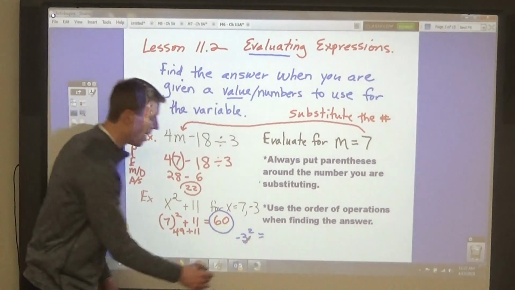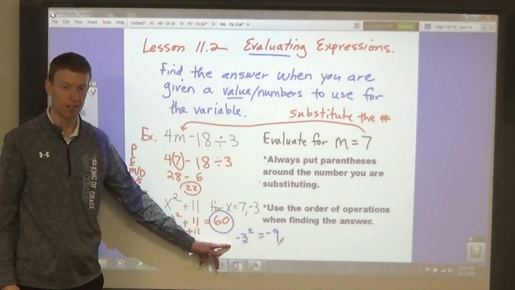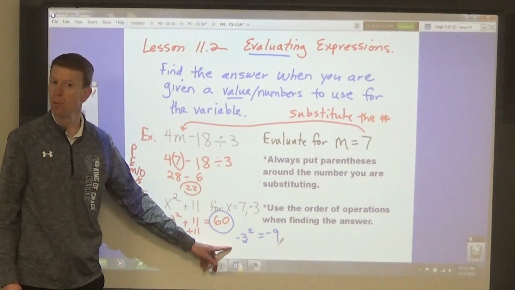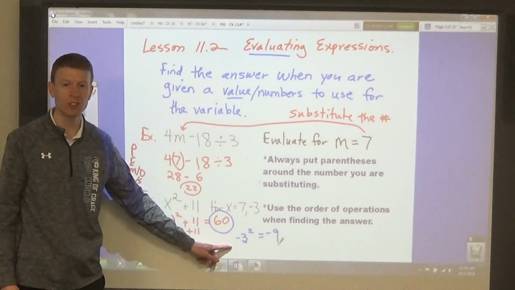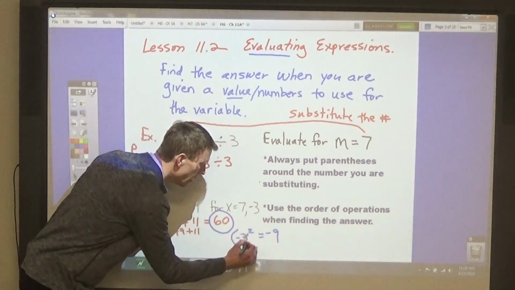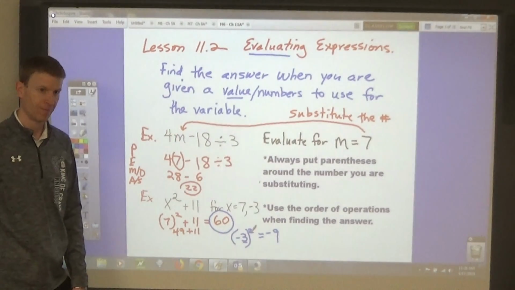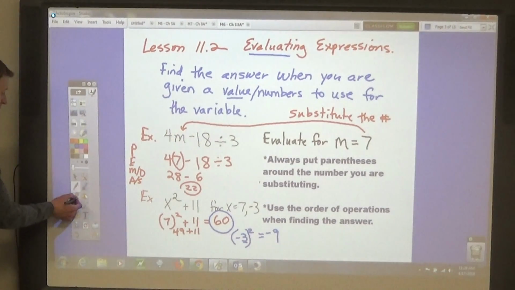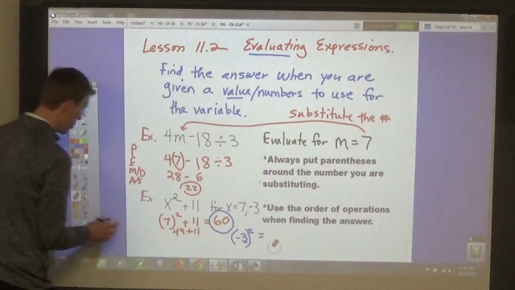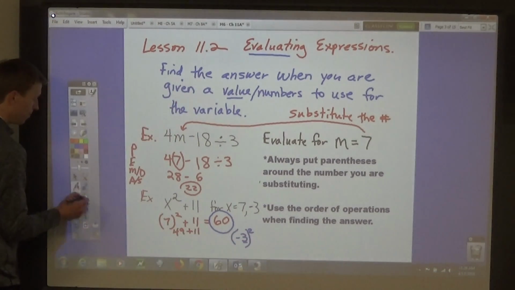Negative 9. If you don't put parentheses there, then the answer to this is negative 9. But it's not supposed to be negative 9. It's supposed to be positive 9, because it's supposed to be negative 3 times negative 3. So in order to get the right answer, you have to put the parentheses in.